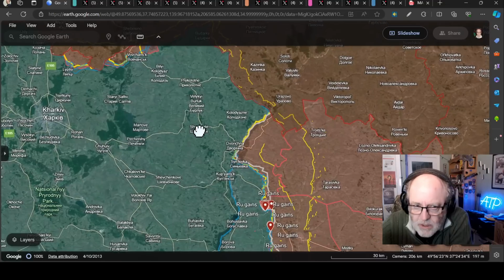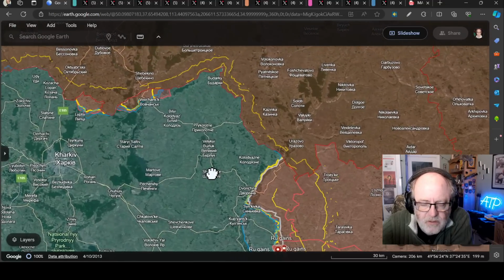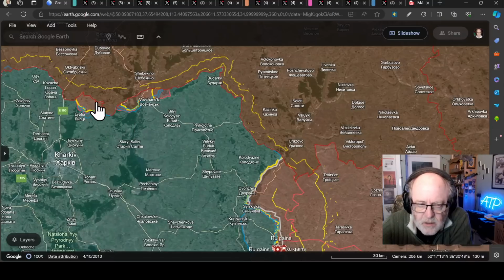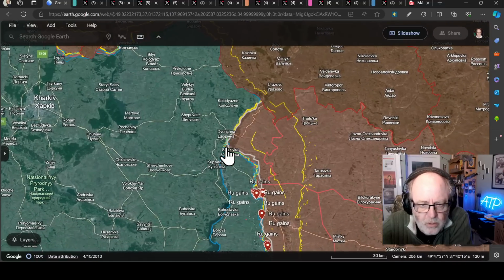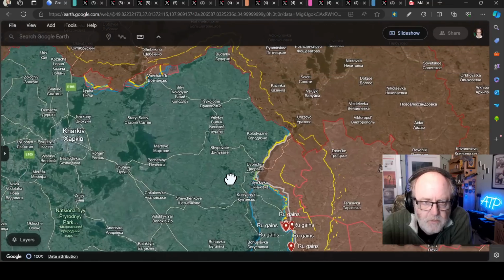I don't know how accurate that was, but it completely defeats the object of using this diversionary attack here. And again, it would have been more sensible to have just piled the extra 50,000 people into Kupiansk, into the Sinkivka sector, if that was really your main objective, to take Kupiansk by having a ratio advantage.